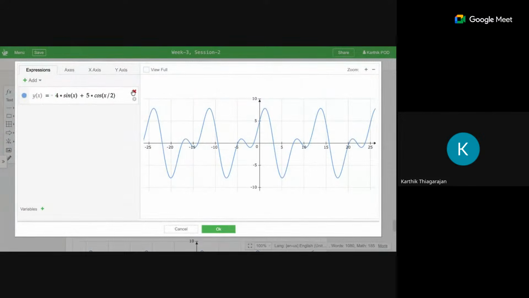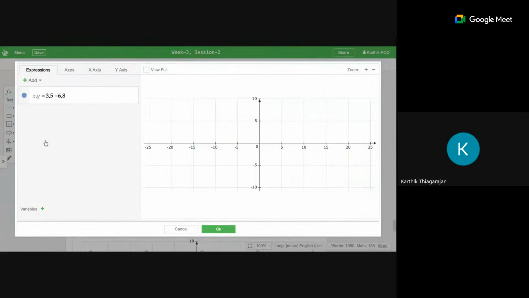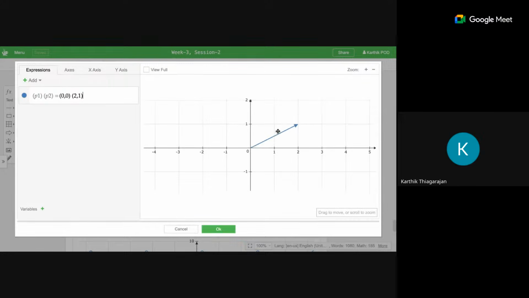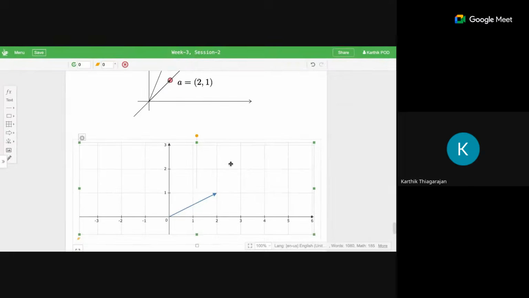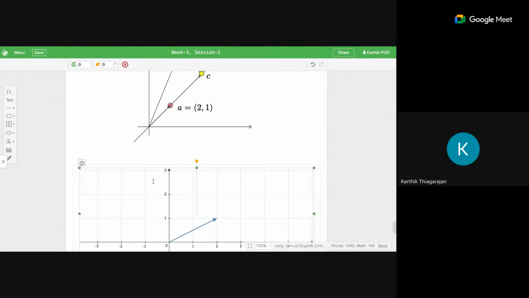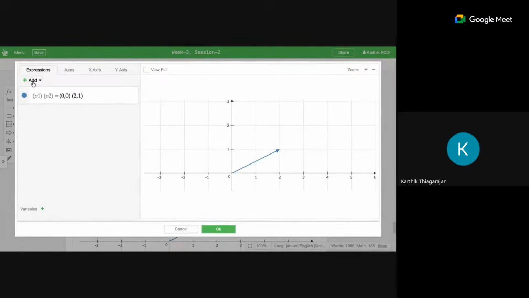So maybe let us draw the vectors here. What were they? 2, 1 and 1, 3. Yes, it so happens that they are well placed.